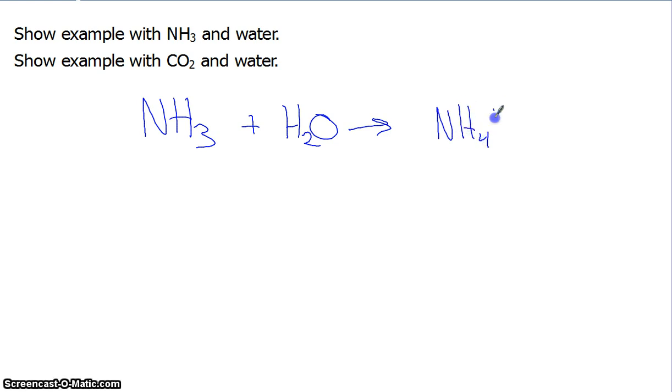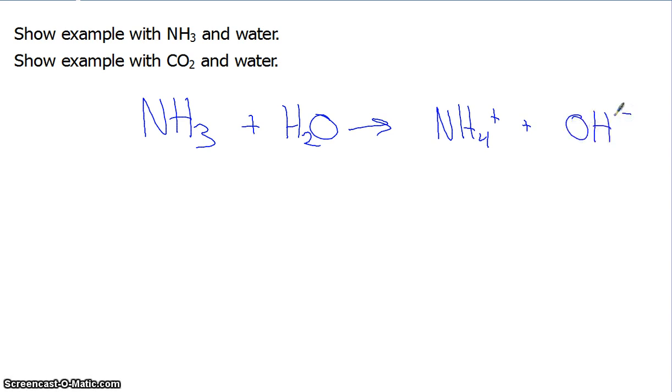For example, if I take ammonia, NH3, and react it with water, one of the H's will come off of the water, and so it makes NH4 plus and OH minus.